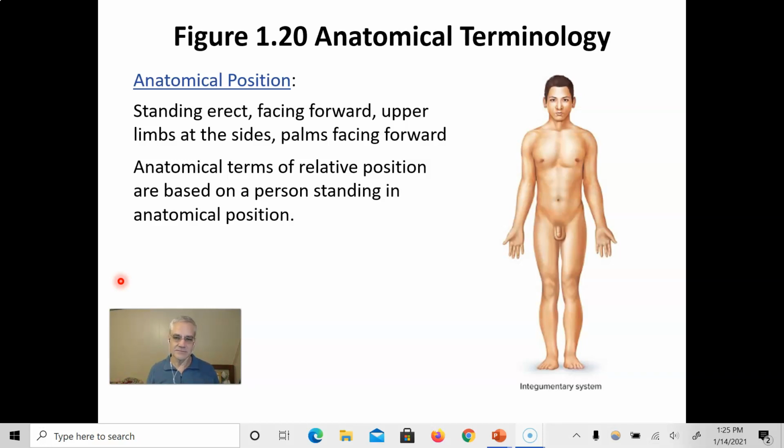Medicine doesn't care. It's not about me. It's about medicine. Medicine says, this is the position. This position that you see right in front of you, the anatomic position, defines and describes all of our terminology that we use to talk about some place on a human body.